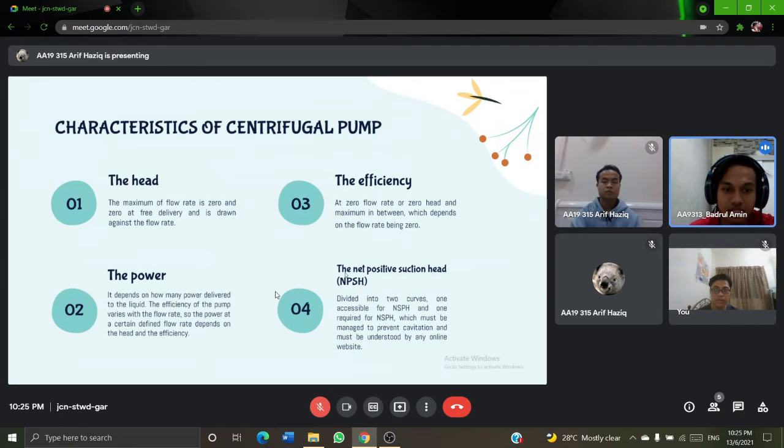And lastly is NPSH, net positive suction head, a measure of the pressure experienced by a fluid on the suction side of a centrifugal pump. NPSH is a system property calculated from the suction system configuration, and it is essentially the suction side pressure less the vapor pressure of the pump fluid at the point.